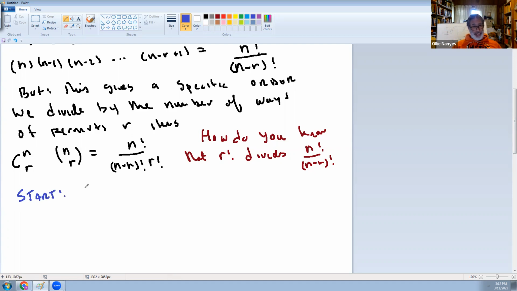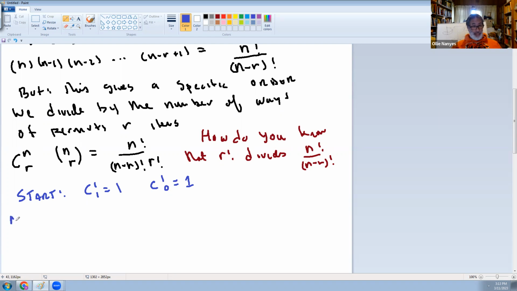One way we can do this is we can start by defining, for n equal 1, 1 choose 1 to be 1, and 1 choose 0 to be 1 as well. And that makes sense, right? The number of ways you can choose one item from 1 is 1, and the number of ways you can choose 0 items from 1 is also 1.